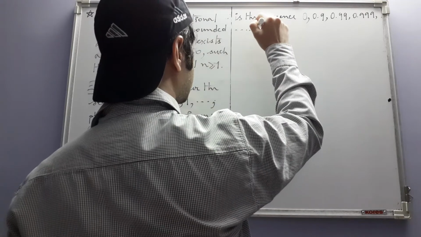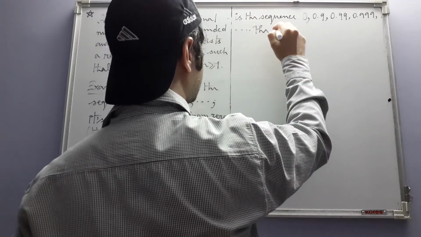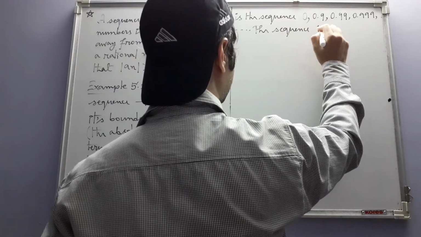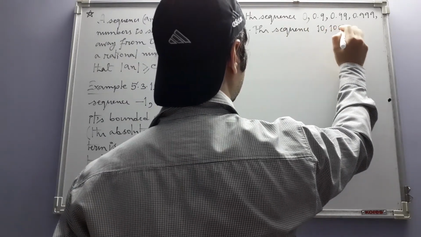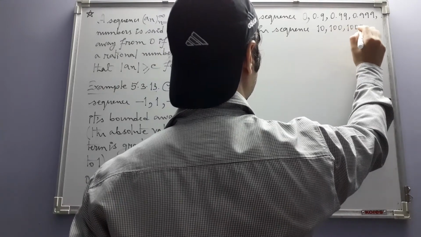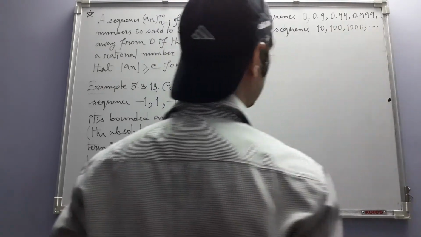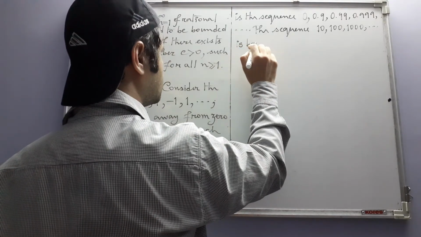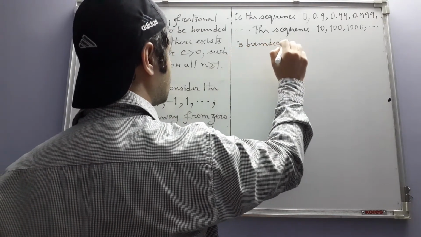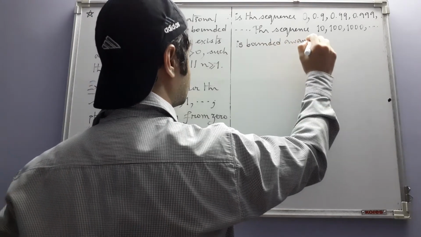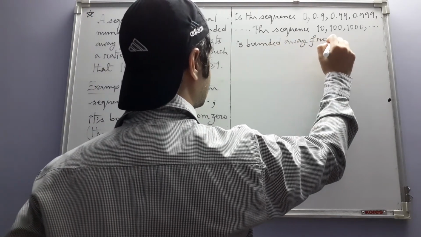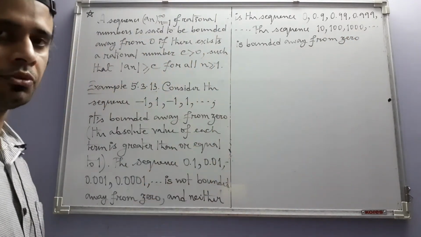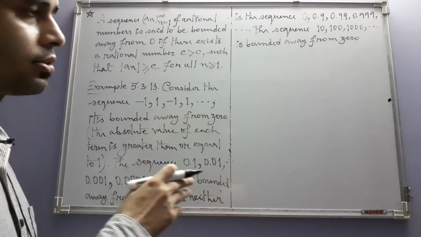And neither is this sequence. The sequence 10, 100, 1000, etc. is bounded away from 0, because the absolute values of all the terms are greater than or equal to 10.